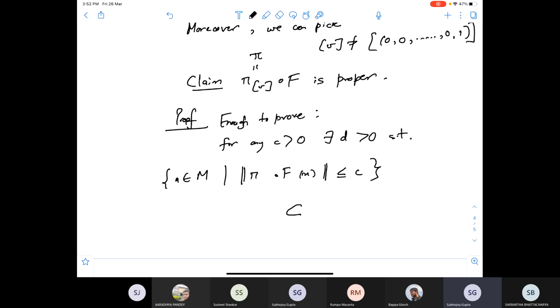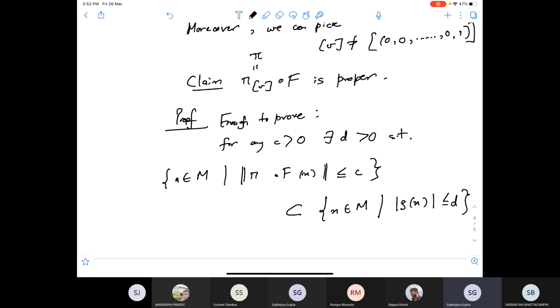I want this pre-image to be compact. So it's enough to prove that this set is contained in the set of all points in M such that rho of x is less than or equal to d.